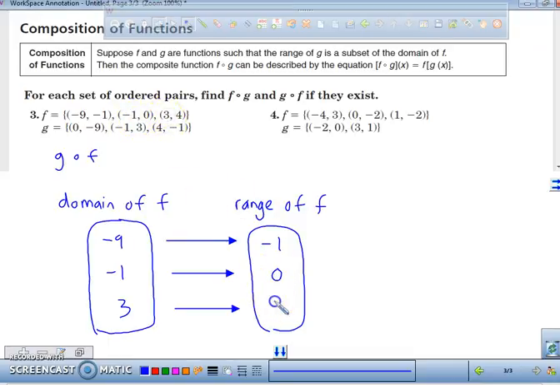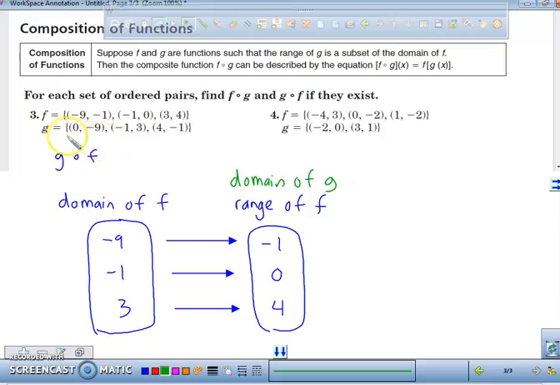And 3, 4. So this is my input, this is my output. But this time, we're going to figure out, is the range of F a subset of the domain of G? So we're going to do the opposite. Is the range of F a subset of the domain of G?